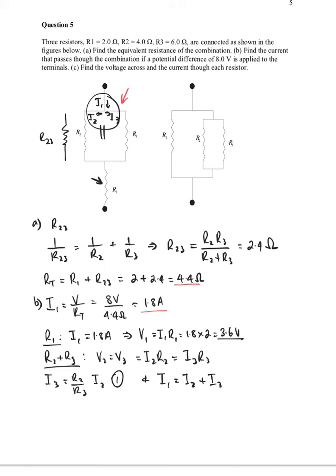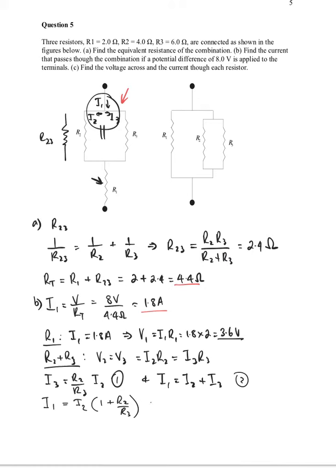So therefore we can say, if we just substitute I3 into this equation here, we get I1 equals I2 times (1 plus R2 over R3). With a bit of creative algebra, we can solve for I2.